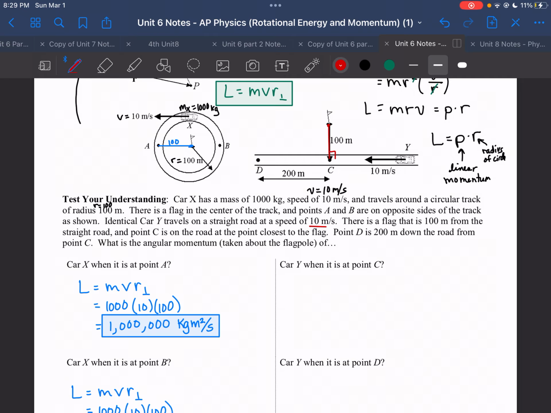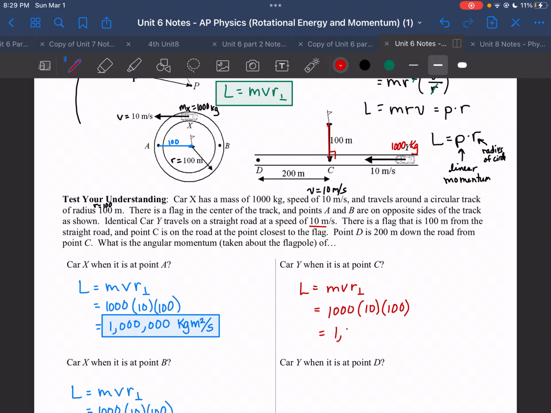We want to find the angular momentum at each of these locations. Okay, so same kind of thing here. We know that this was 1,000 kilograms, just like before. Now, when we're looking at point C, it's easy because they tell us what the radius is. So we know that L is equal to mv r perpendicular. So we have 1,000 times the speed, which is 10, times the radius, which is 100.